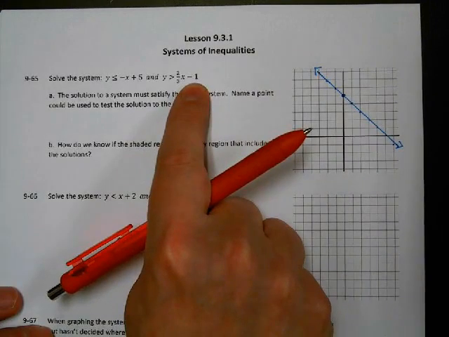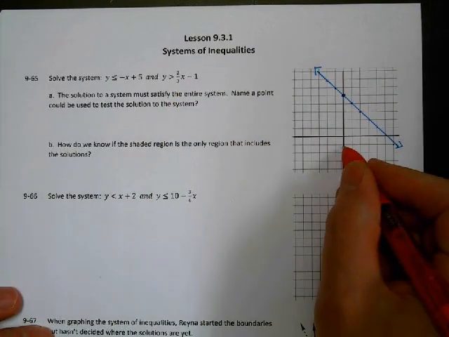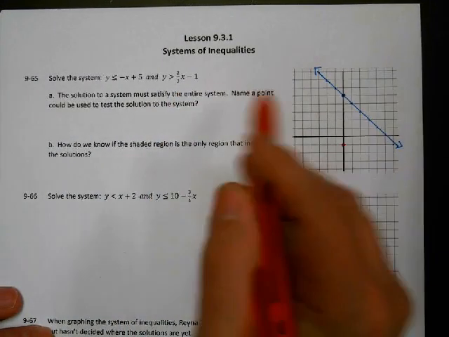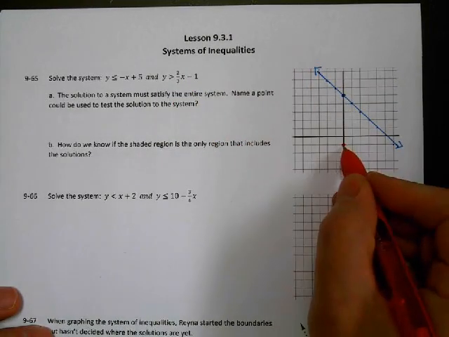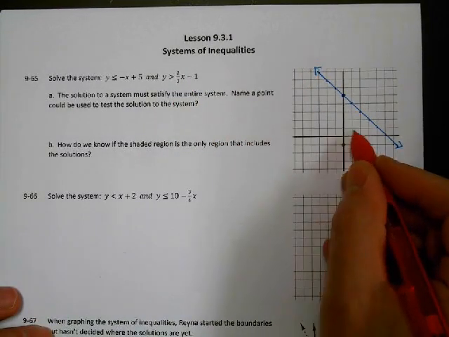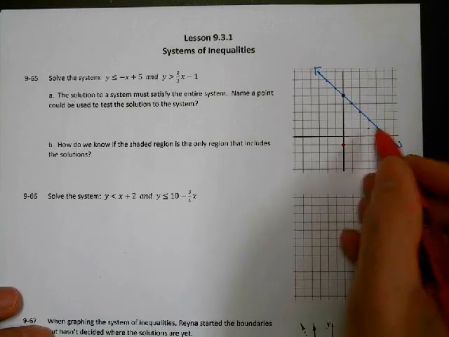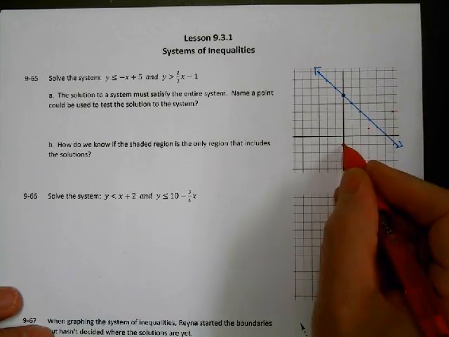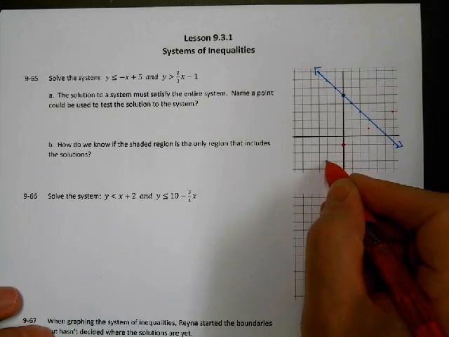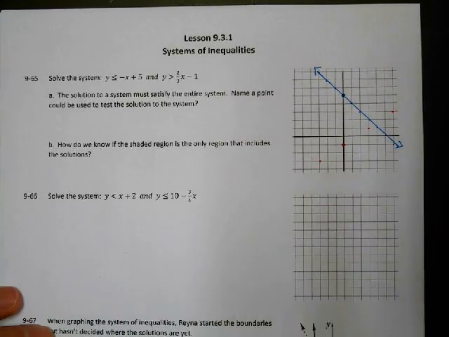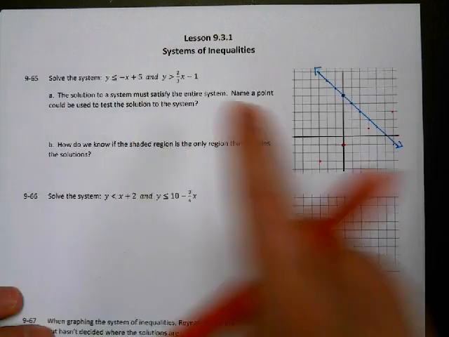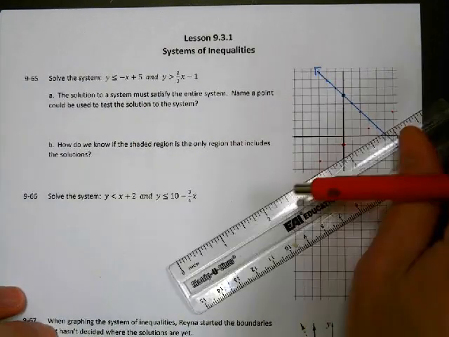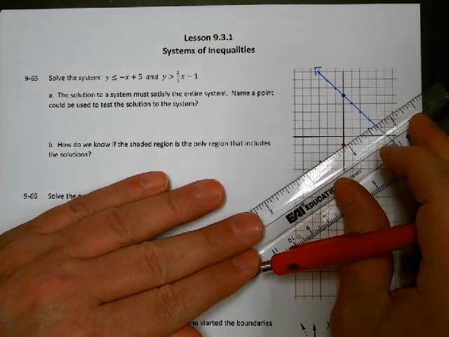So this one has a y-intercept of -1. So we go down 1 right there. And then it has a slope of 2 over 3. So I'm going to use my slope triangle to go up 2 and over 1, 2, 3, up 2 and over 1, 2, 3. There we go. Or I can go down 2 and to the left 3. Now this one cannot be equal to, so that would be a dotted line.